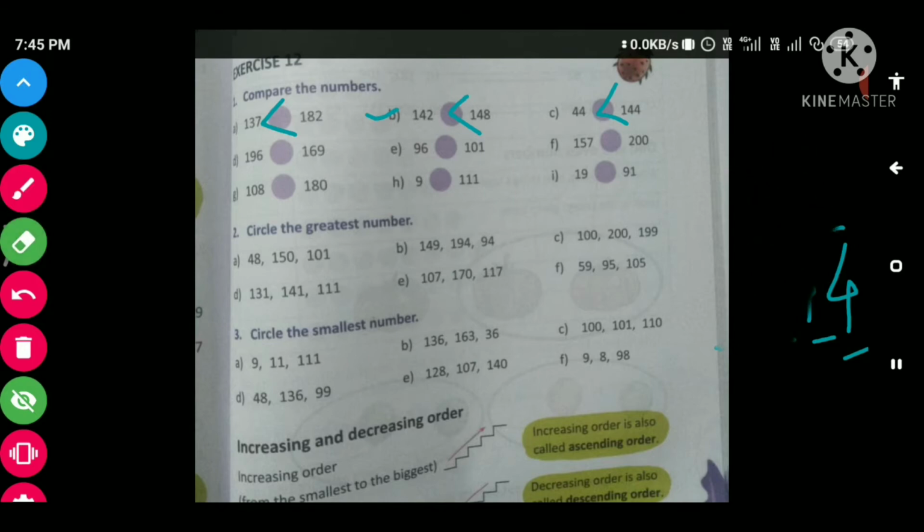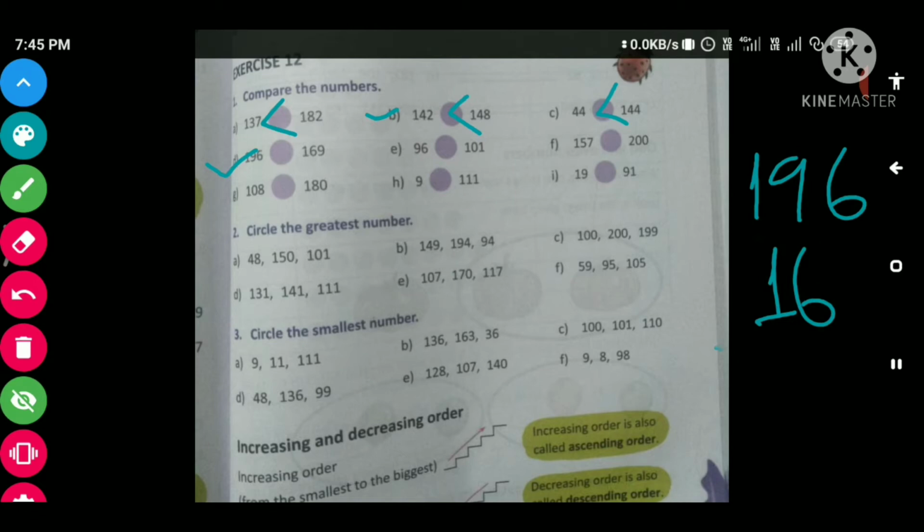So D, you just see the numbers that are given: 196 and 169. Now see the digits. Both have 3 digits, right? Now we'll see the place value. We'll start from the highest one.